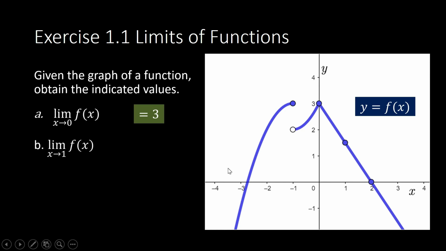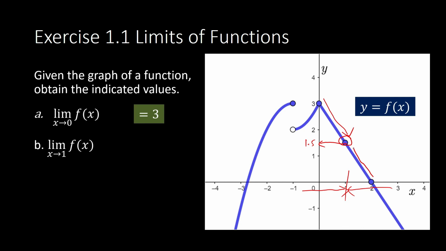What is the limit of our function as x approaches 1? As x approaches 1, we will pay attention to this part of the graph of your function. So it approaches that point, and the value of the y-coordinate of that point is equal to approximately 1.5. Now, what is the limit of our function as x approaches 1 from the right?